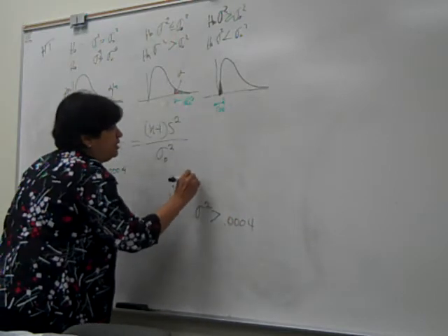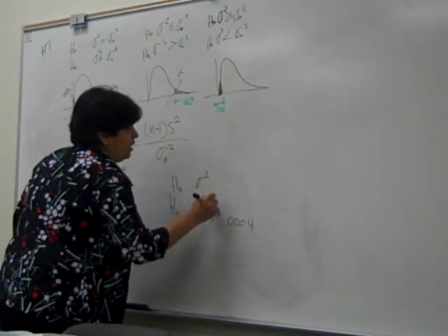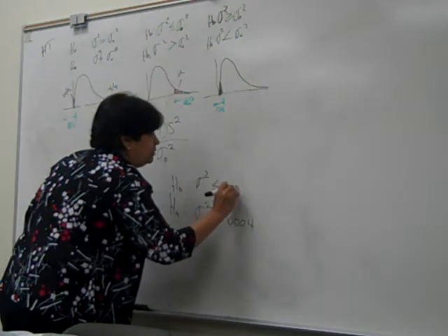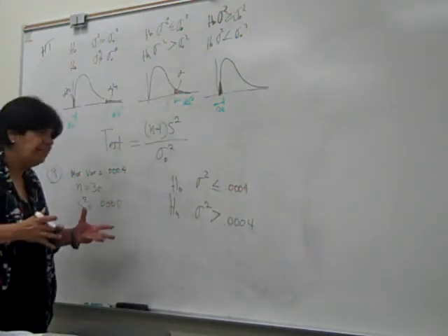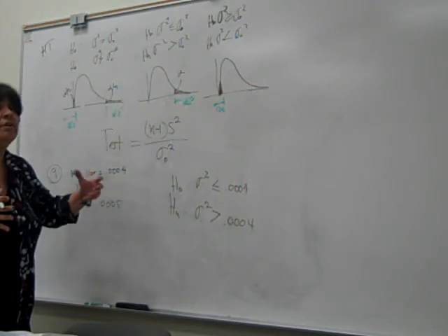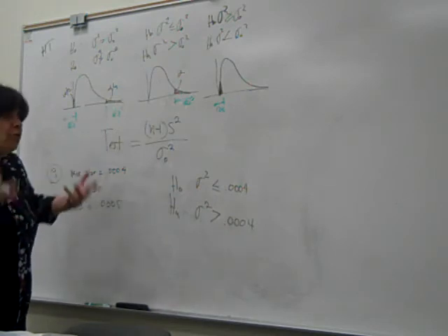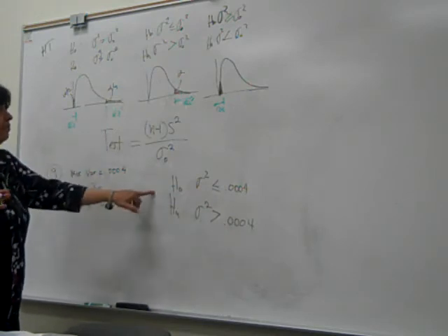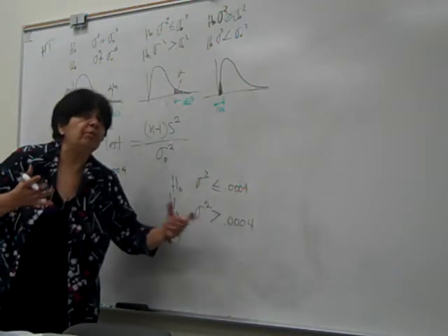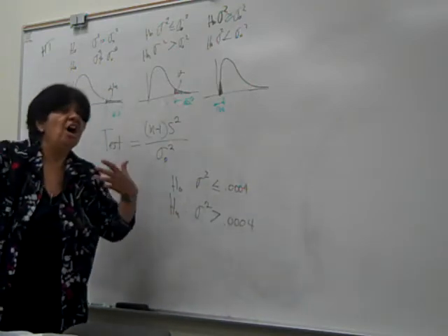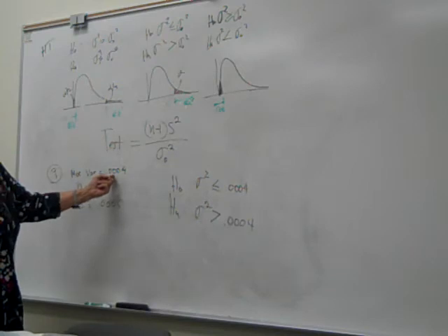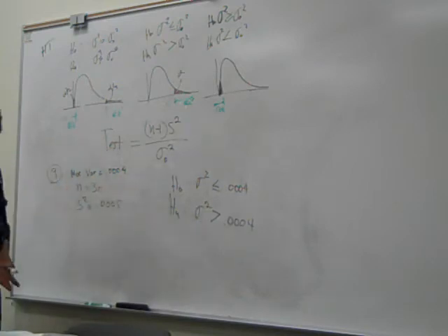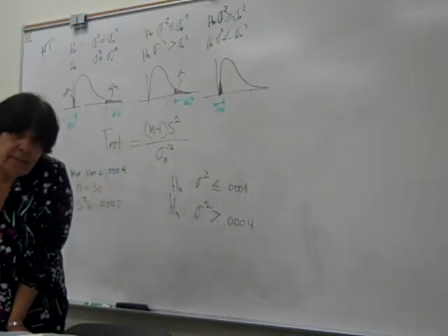So the null hypothesis is going to be sigma squared is less or equal than 0.0004. That's it. This is how you formulate your hypothesis, because we need to know if the process is beyond the maximum variance allowed. Okay? And that's it.